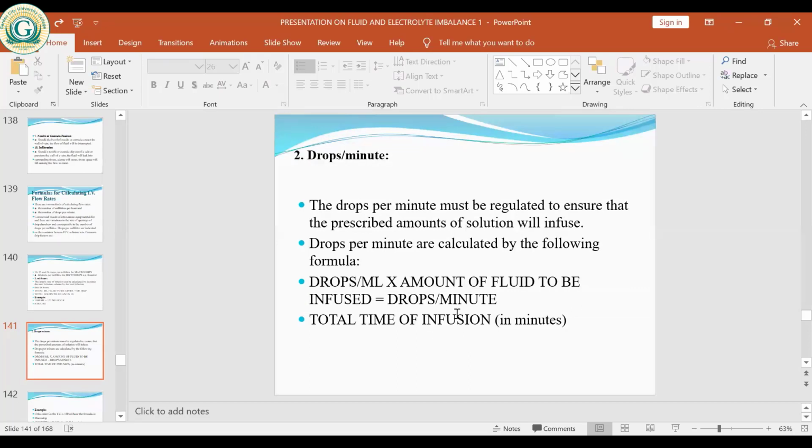B. Calculate the drops per minute for this patient.